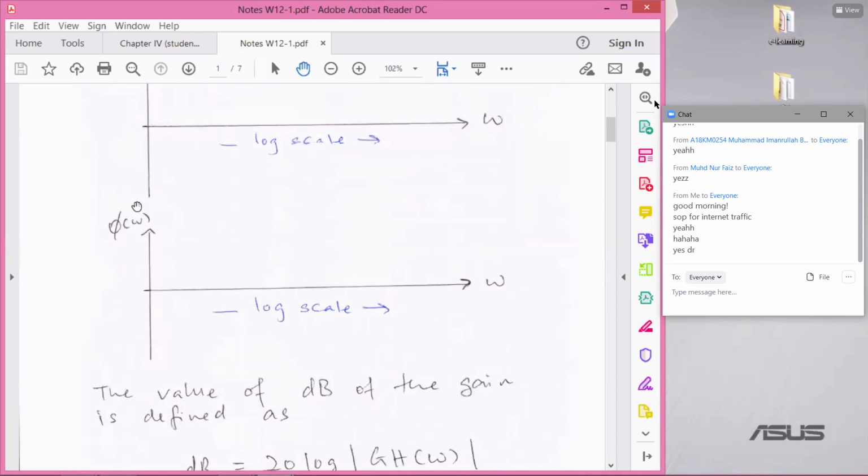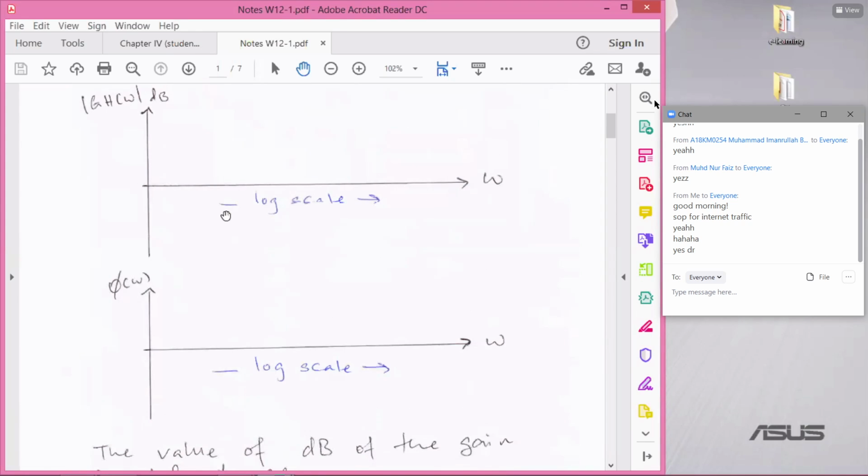The same thing here, you plot the phase angle versus frequency. Since the frequency is from 0 to infinity, if you use linear scale on the horizontal axis, then of course you're going to go around the world before you can reach infinity.